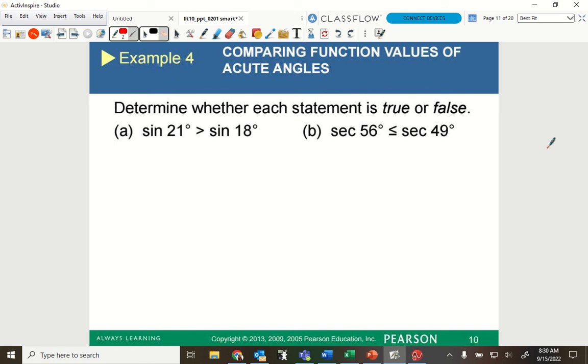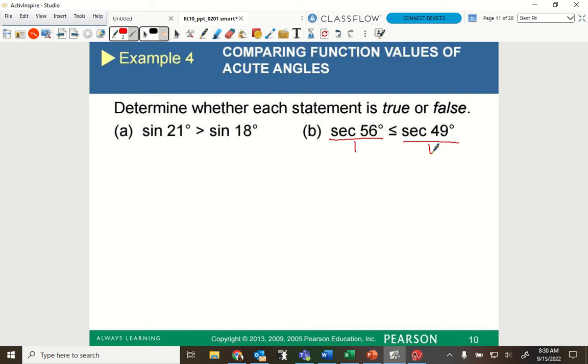If this is the reciprocal of cosine, what does that mean? What does reciprocal mean? Just flip it over, right? So that's what I'm going to do here. I'm going to flip this over. It looks like this right now, right? We can write any number as a fraction by putting it over 1. So we're going to take the reciprocal now.